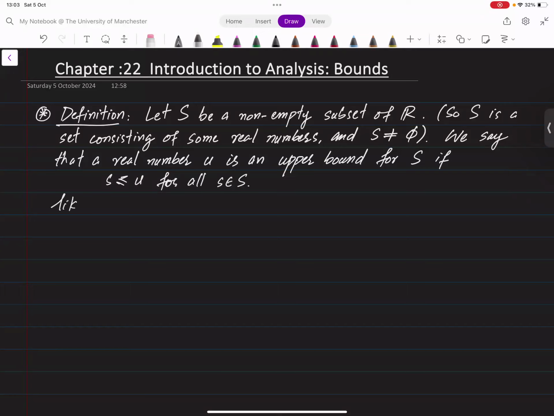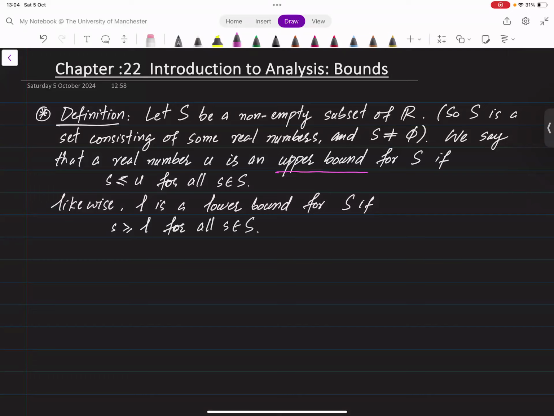Likewise, L is a lower bound for the set S if every element of S is greater than or equal to L for all s in S. Okay, and this is a definition where we define upper bounds and lower bounds.